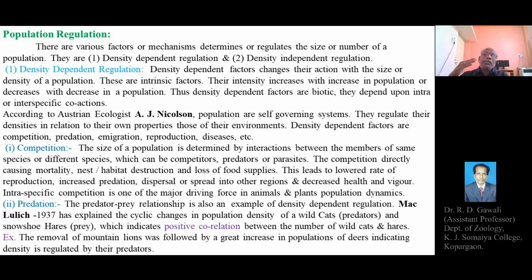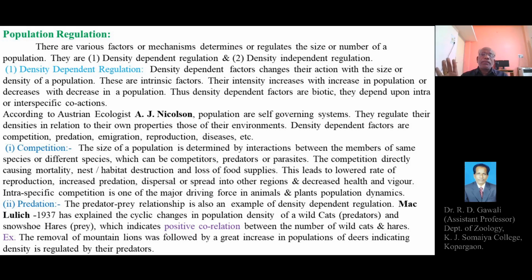Means when there is an increase in the number of hares, ultimately the number of wildcats will also increase. If there is a decrease of hares, ultimately the number of wildcats will also decrease. So this is a positive correlation between the predator like wildcat and prey like snowshoe hares.